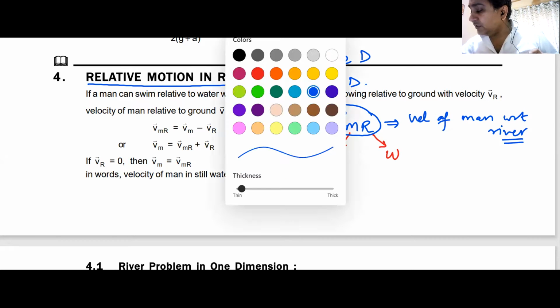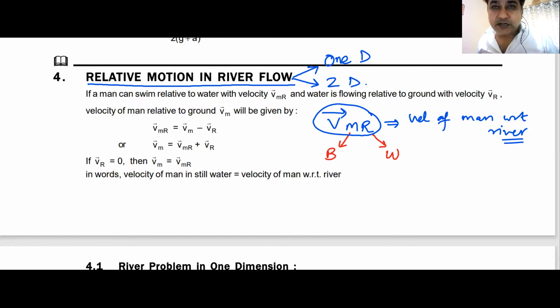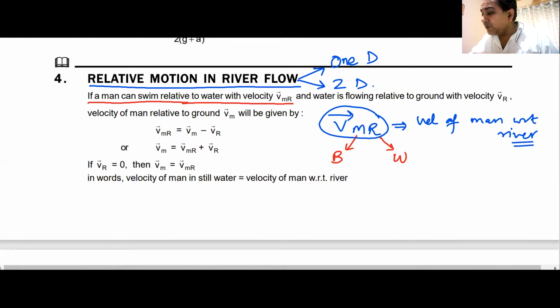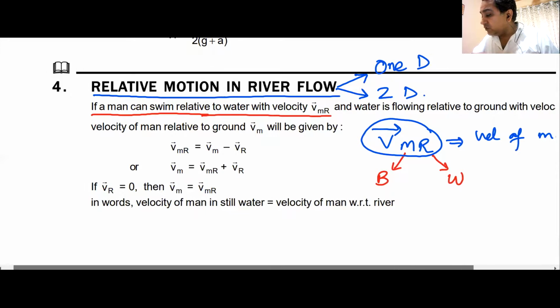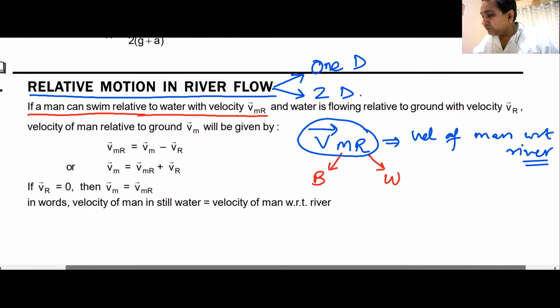So in a question, this term will be given in this way. Either it will be given directly, velocity of man with respect to river, or it will be written in this fashion: if a man can swim relative to river with a velocity VMR. Let me just magnify it for you. I hope you know that while you are in class, you can also pinch and zoom.